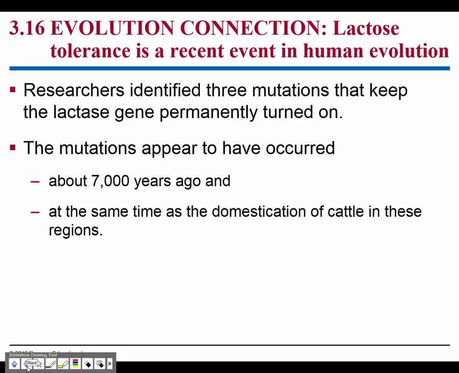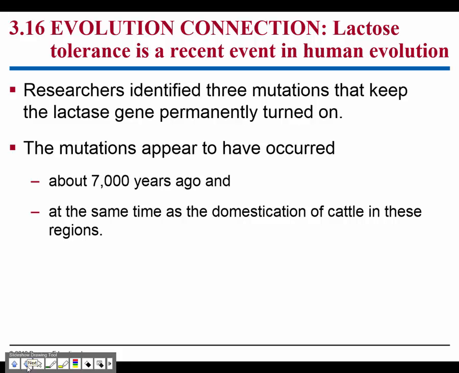There are 3 mutations that keep the lactase gene permanently turned on, and it occurred about 7,000 years ago. So up until 7,000 years ago, I'm assuming maybe 1 or 2, but 99% of everybody was lactose intolerant.